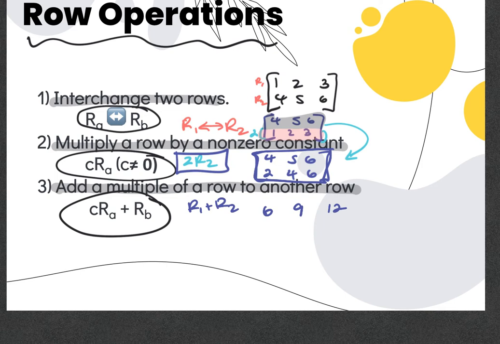When you add 2 rows, you can replace either of those rows with the sum. So if I wanted to add these 2 and replace row 1 with them, then my new matrix would look like this. I added 2 rows and I replaced the top. You could also add those same 2 rows and replace the bottom. You can't replace both, but you can choose which one you replace.